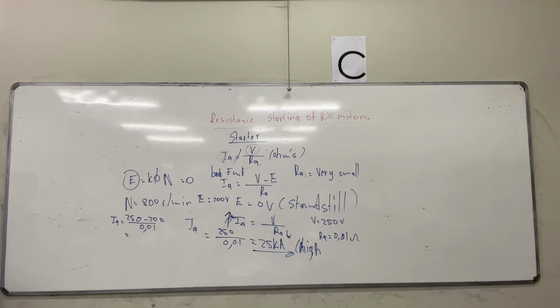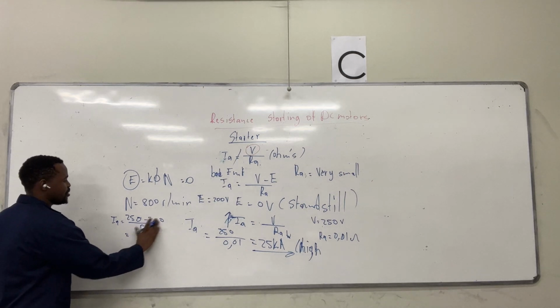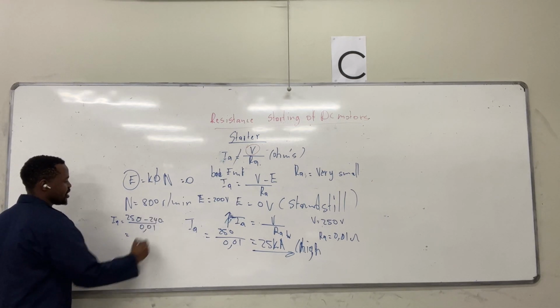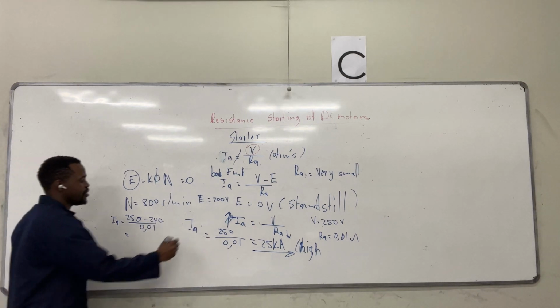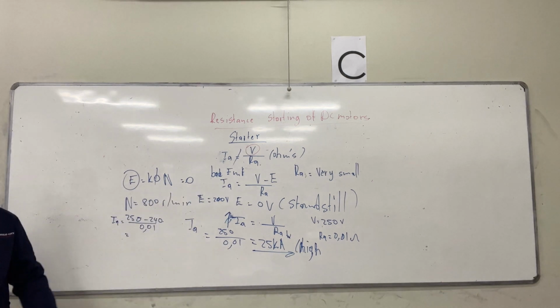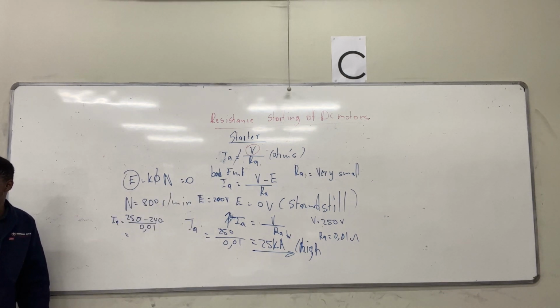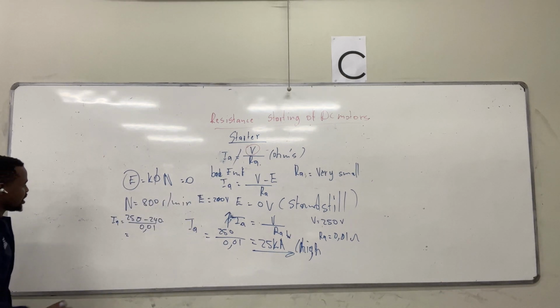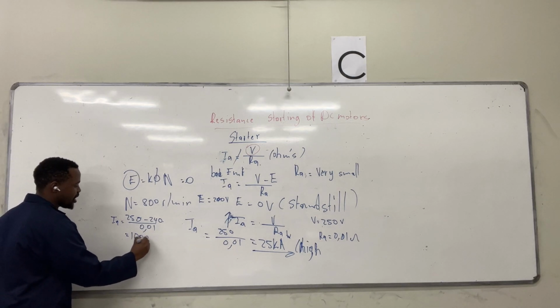Sorry, it's still very high, even though my resistance is small. Let me put 240, back EMF 240. I've made the armature resistance very small, saying 1000. Let's say fine, it can carry 1000.